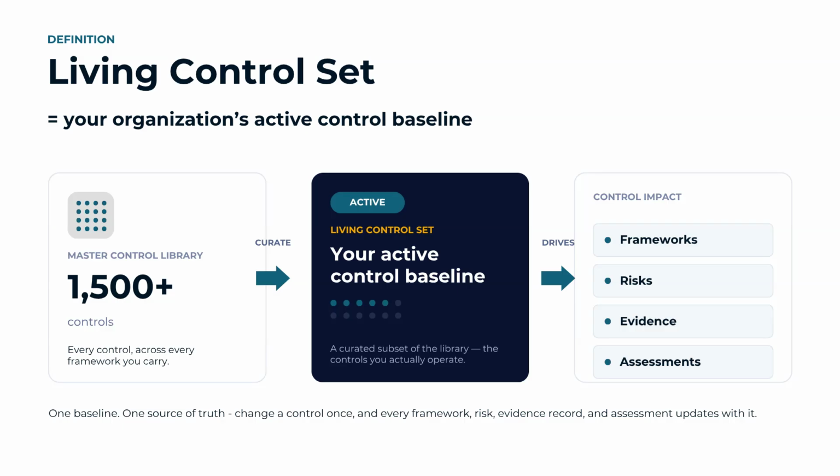We call it a living control set because, as the word indicates, it's a live system, which means you can change it, you can monitor the changes, you can go back in time and see the progression of your program.